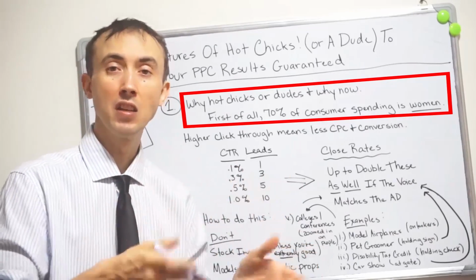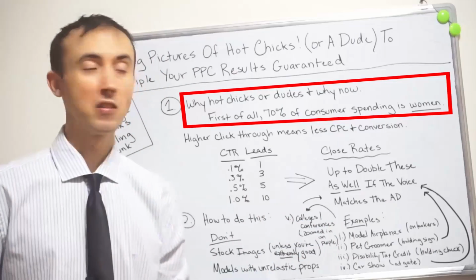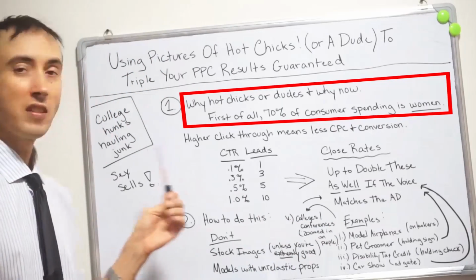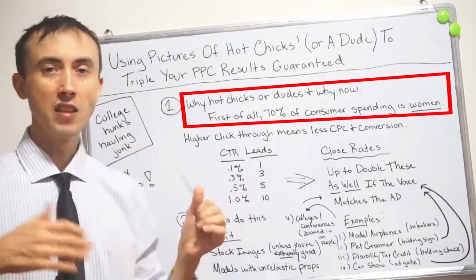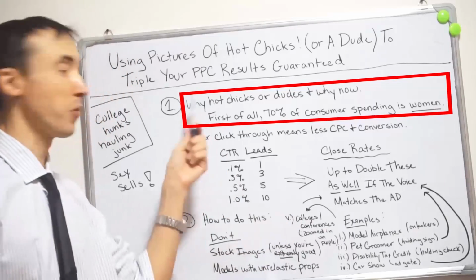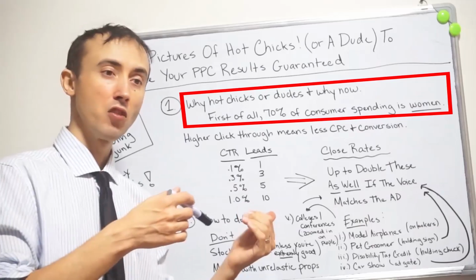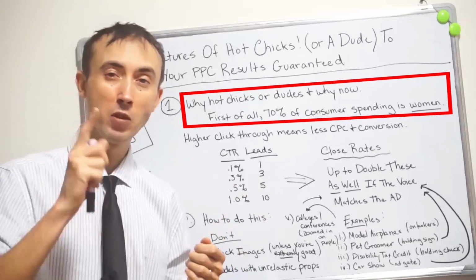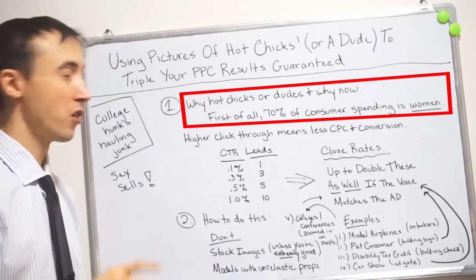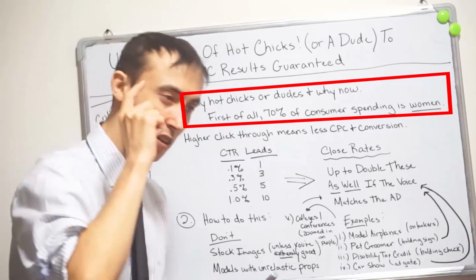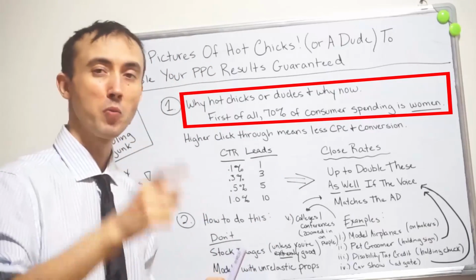So why does this work so well, where you could triple the amount of money your PPC campaign makes just by having one little photograph? And I really do mean just one photograph. You get the right photograph, nail it for the most part, assuming you're selling to a wide group of male and female.